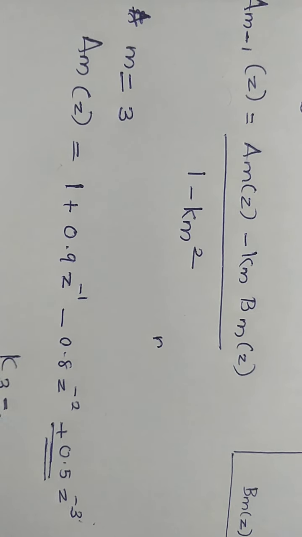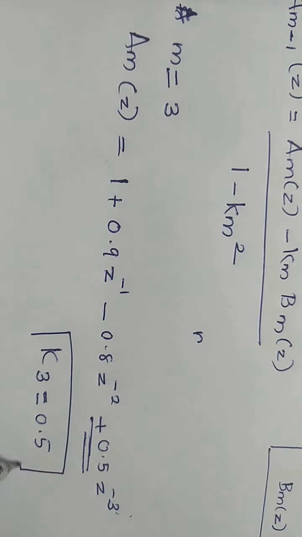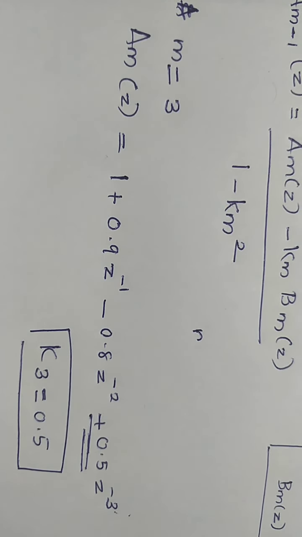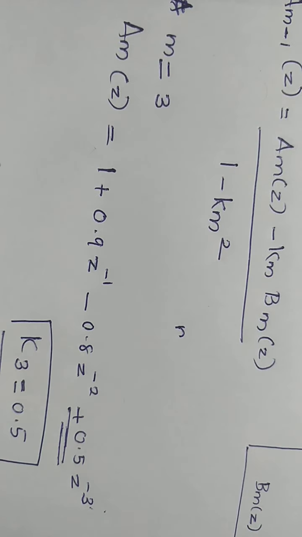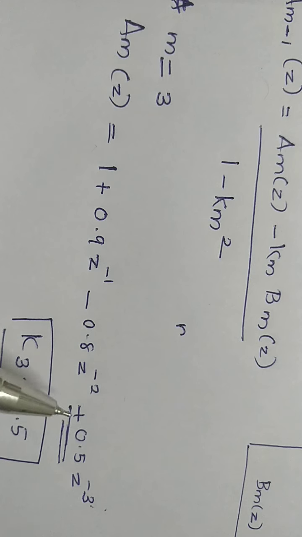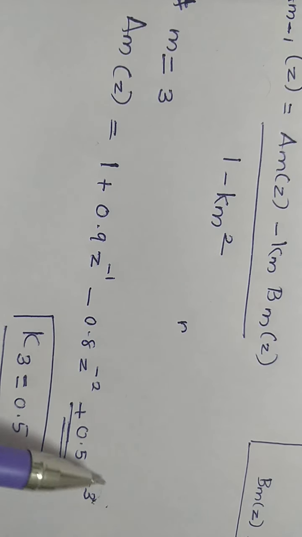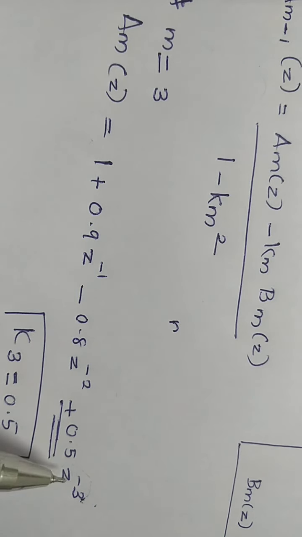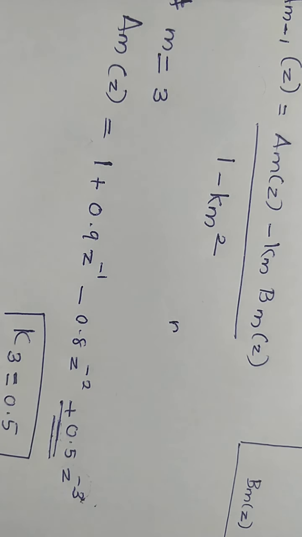So K3 is equal to 0.5. This is our first step. We get it directly from the question itself, that is, the coefficient of the maximum power. Z inverse of minus 3, the coefficient is 0.5, that is the value of K3.